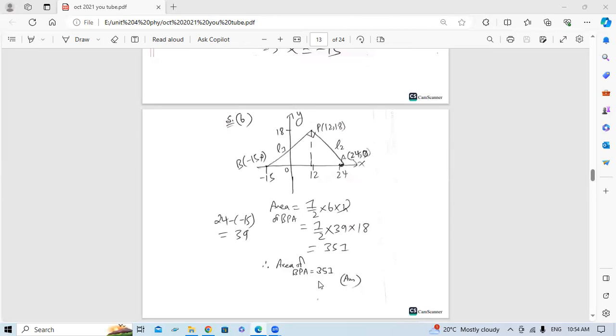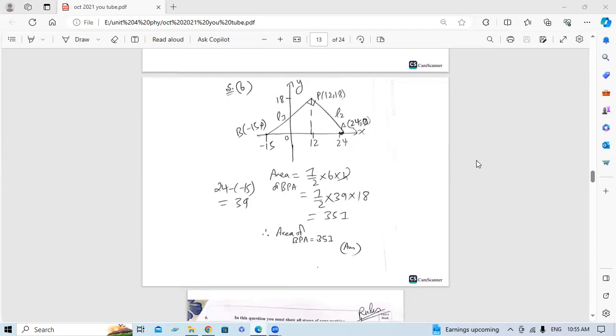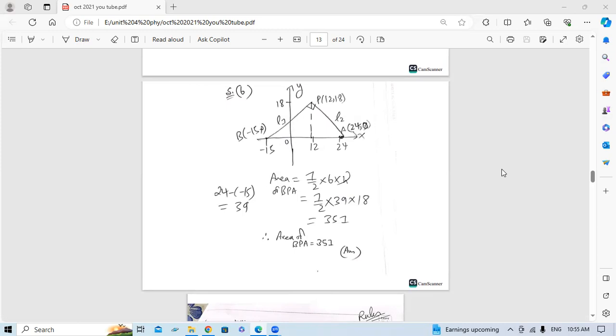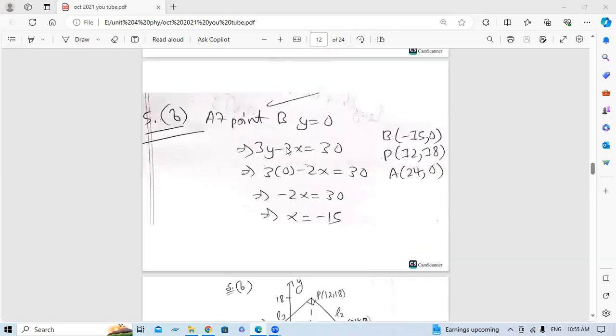Area of BPA will be 351. This is the answer of 5B.